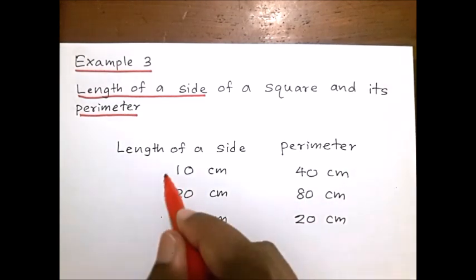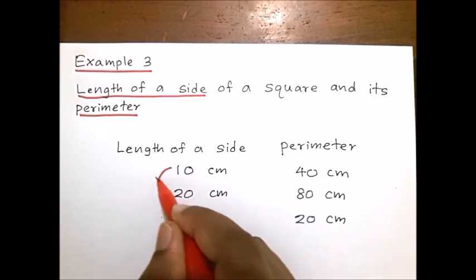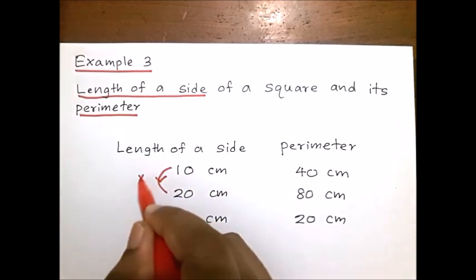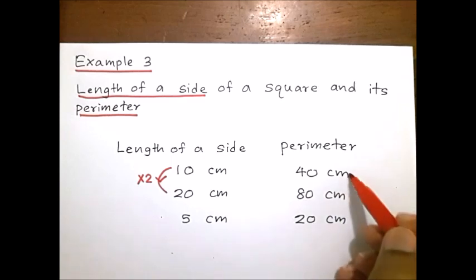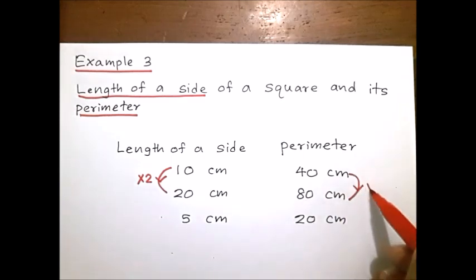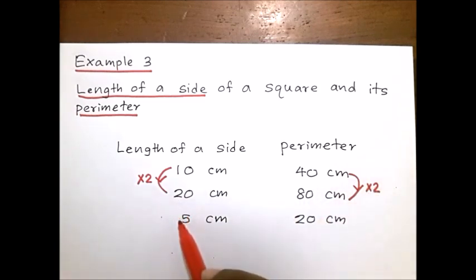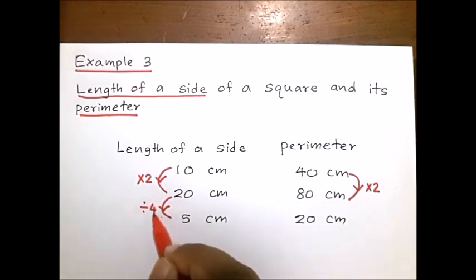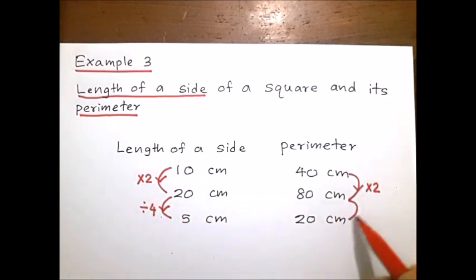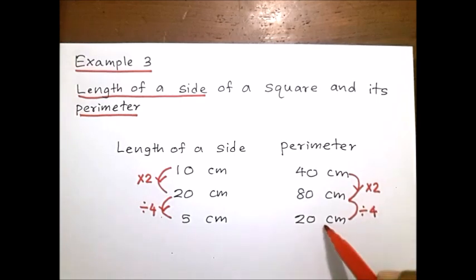Now look here. This quantity increases 2 times, and this quantity also increases 2 times in the same ratio. Here this quantity decreases. 20 divided by 4, it is 5. 80 divided by 4, 20.